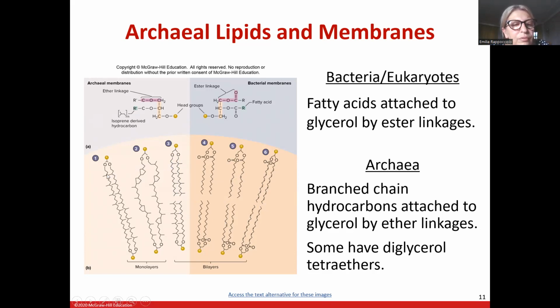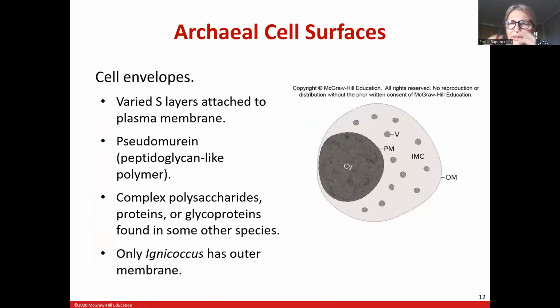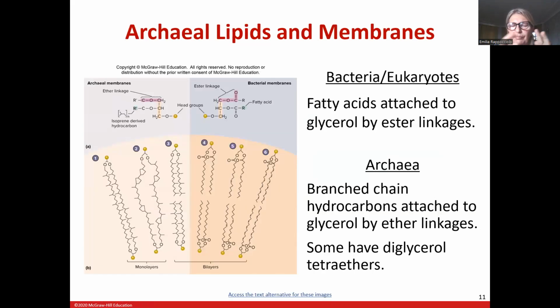And you see here the monolayers that can be quite straight molecules or containing rings, which make it a bit more flexible. Of course, you probably already made the connection that a monolayer compared to a bilayer is a much more rigid structure.